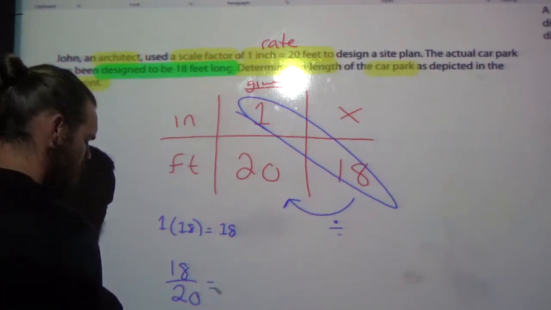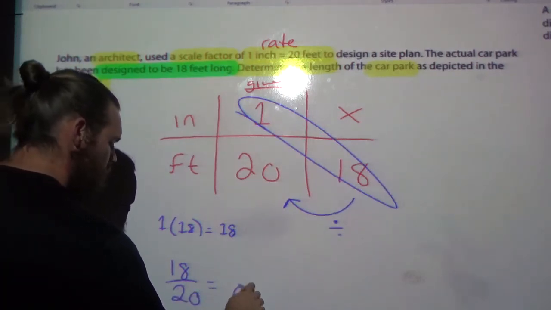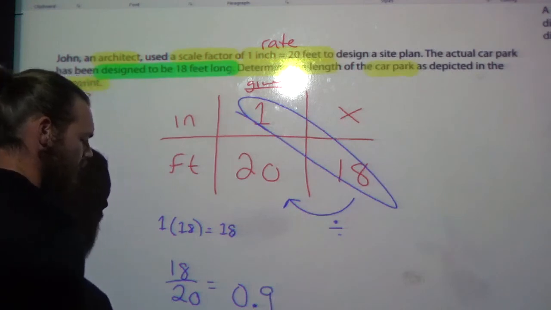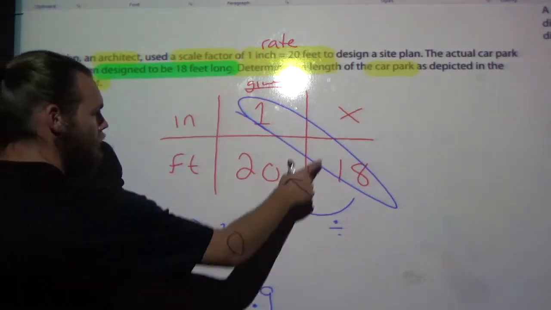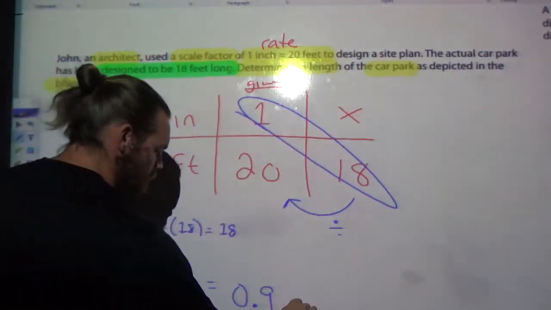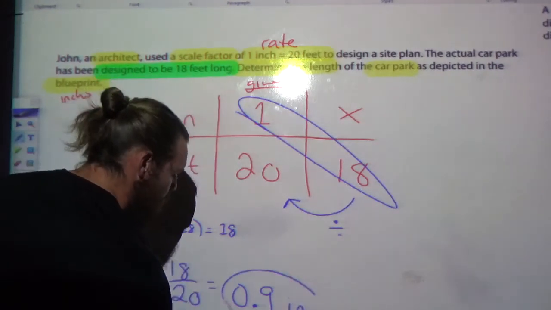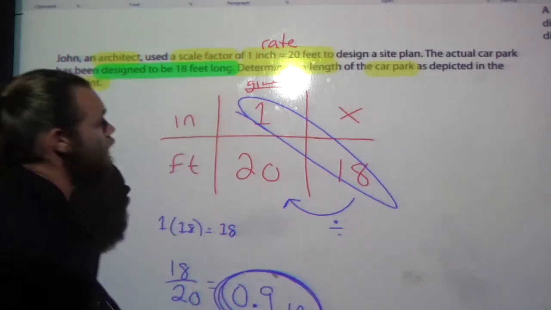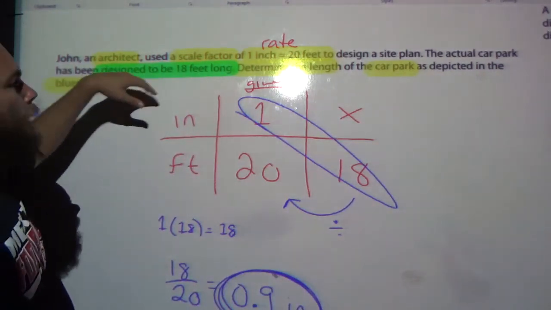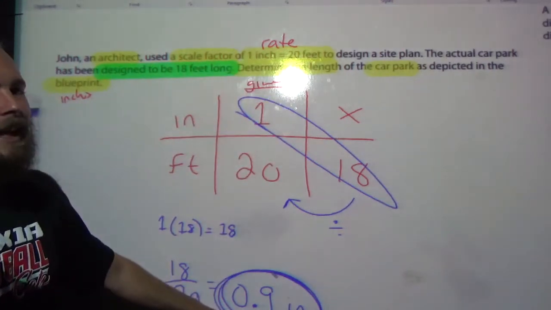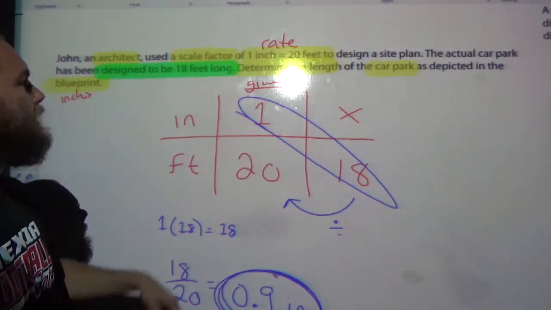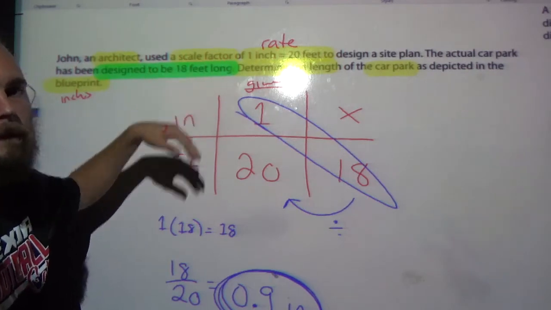Okay? 18 divided by 20 should give you 0.9. That's 0.9 inches. So on the blueprint, the car part should be 0.9 inches long because it is 18 feet in real life.